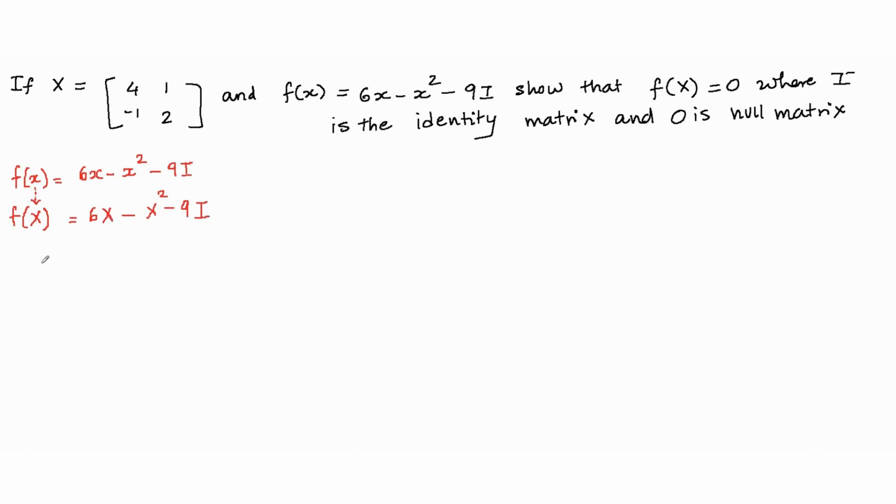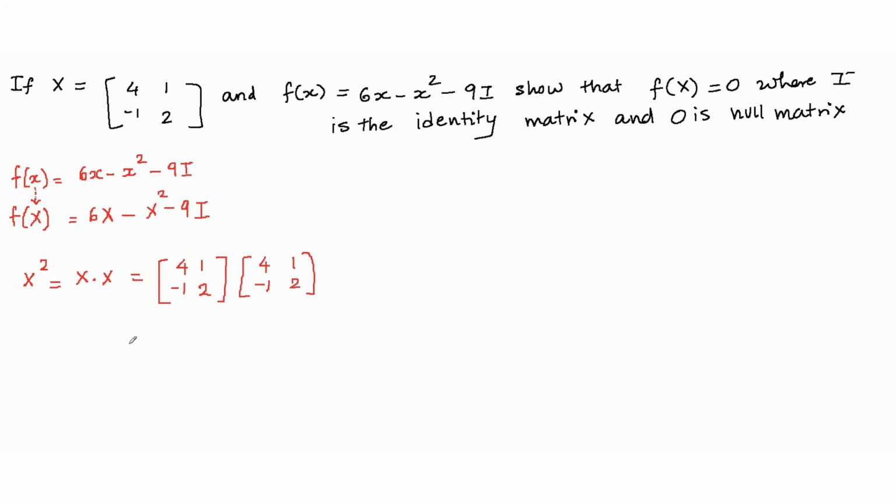I know that I is the identity matrix. So let us first find X square, and then substitute it here. So X square means X multiplied by X. So let us multiply. X is 4, 1, negative 1, 2 multiplied by 4, 1, negative 1, 2.